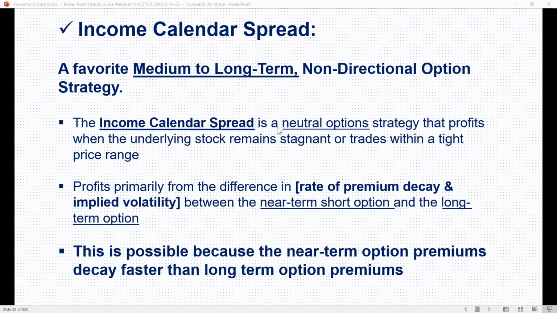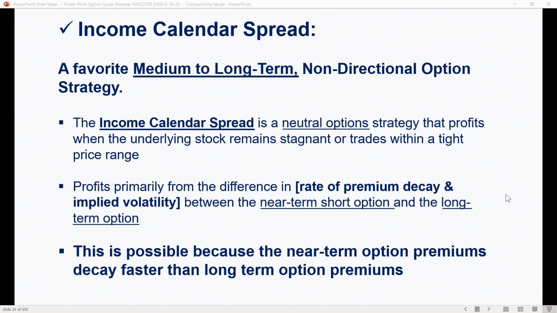The income calendar is basically a neutral option strategy, but I like to use it directionally, that profits when the underlying security you're trading starts to stagnate or trades within a tight range. The way it profits is kind of like the credit spread. Profit comes from the difference in the rate of premium decay and the implied volatility decay between a near-term option that you're short and your long option that is further out in time.